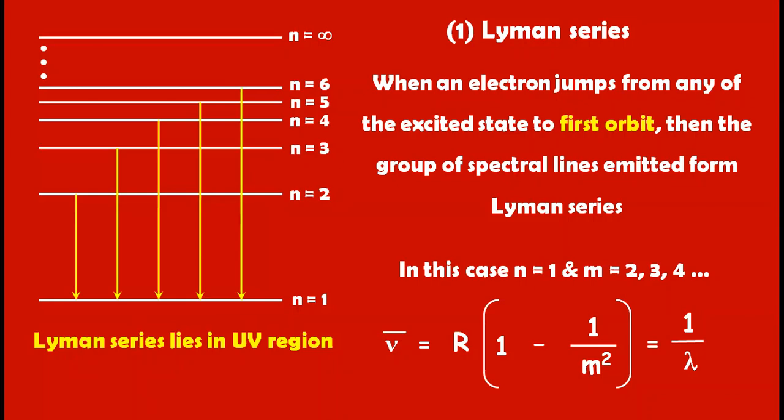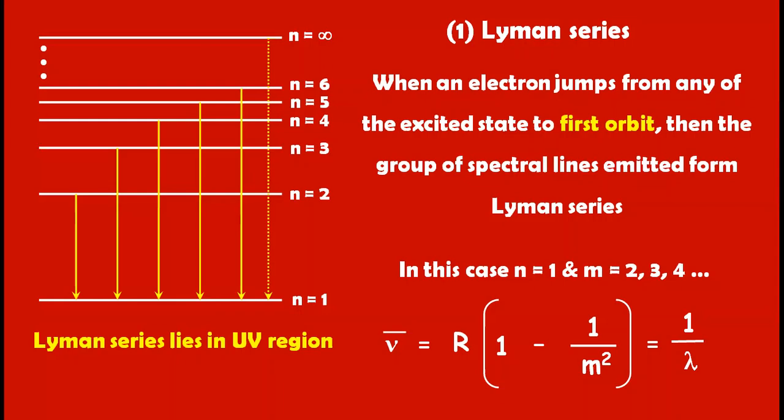Now, what is the last possible transition in Lyman series? Infinite orbit to the first orbit. If I consider an electron jumping from the infinite orbit to the first orbit, and this happens to be the last and final transition, a photon is emitted. That spectral line will possess the largest energy, highest frequency, and hence smallest wavelength.